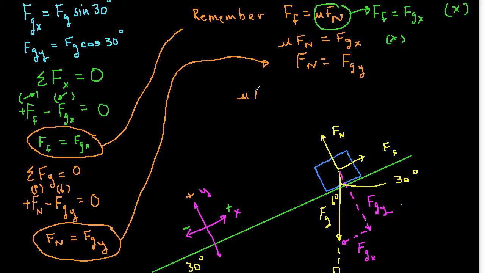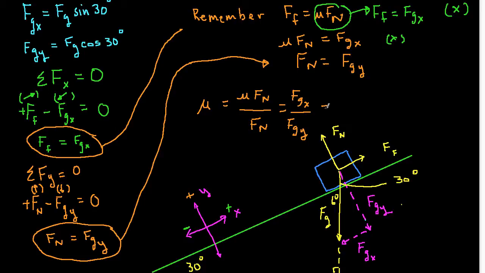So we're going to go mu Fn is FGX, and Fn is FGY. So now we get mu is equal to FGX over FGY.